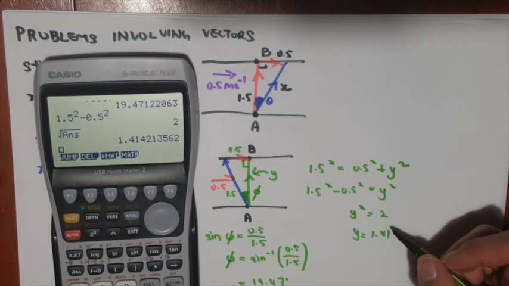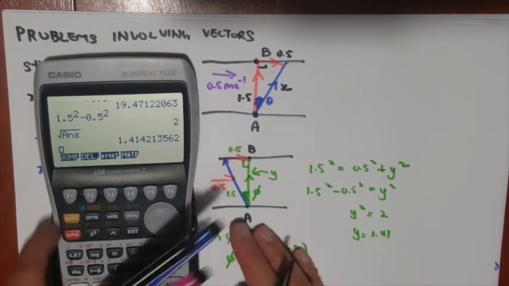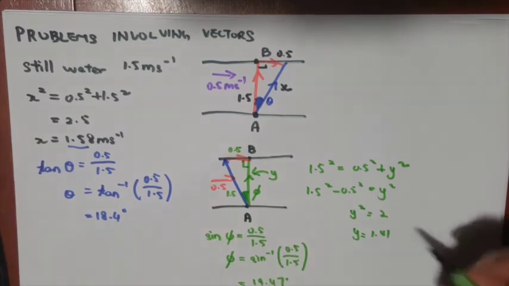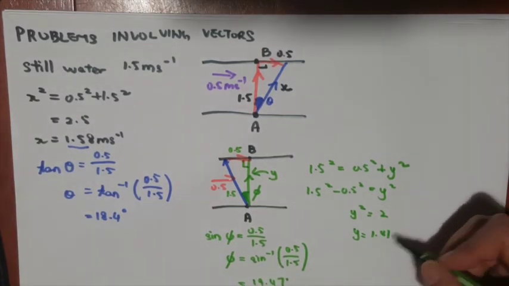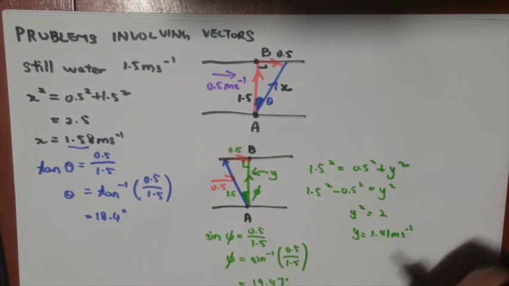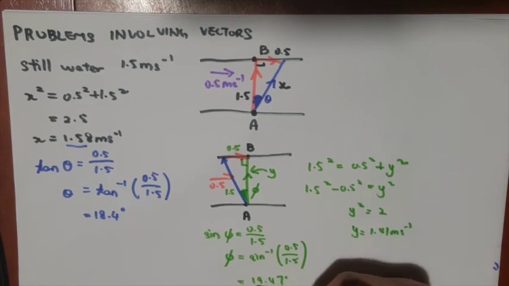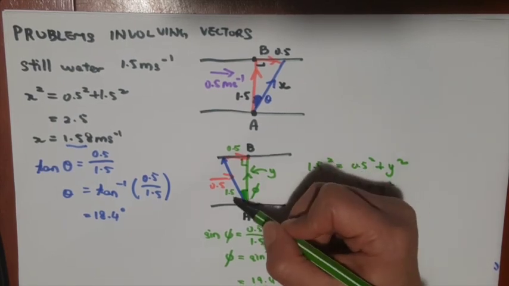So in this condition, Jason's actual speed will be 1.41 meters per second, and the direction will be 19.47 degrees to the left.